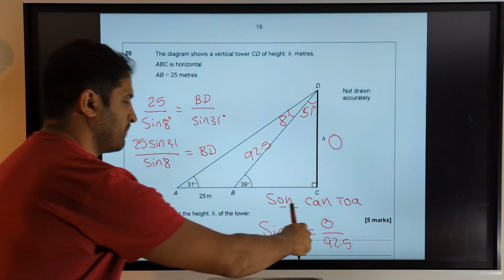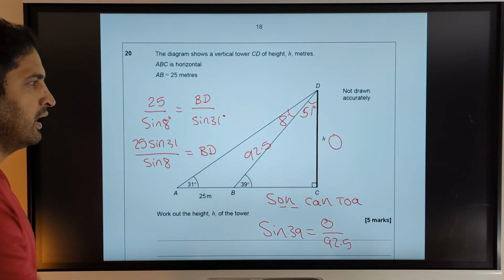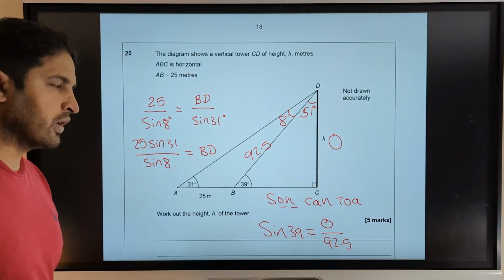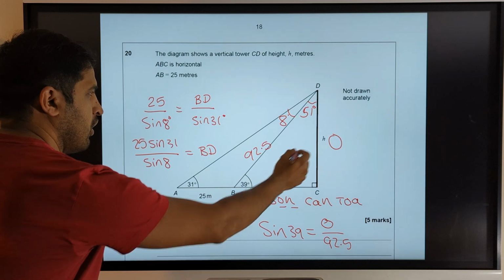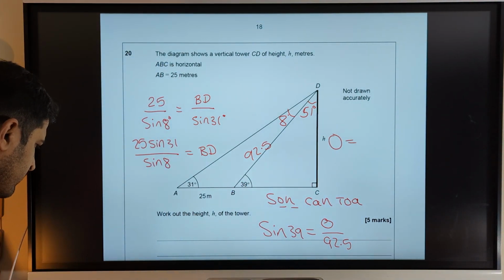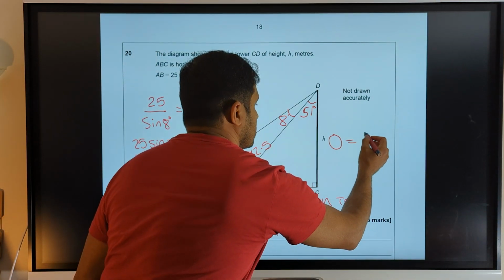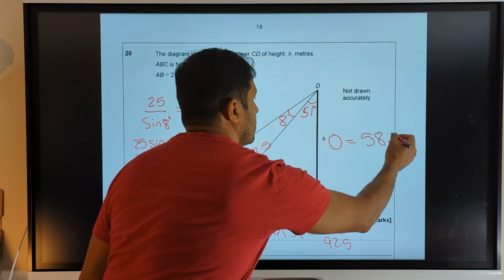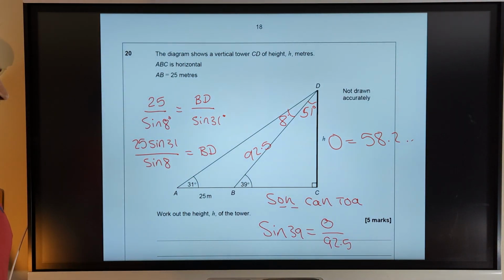Okay, so multiply sine 39 by 92.5, you work out what your opposite, which is that h, is going to be. Multiply both sides by 92.5, and you get that the opposite, or the h, is equal to 58.2 or 3, one of those, depending on where you round the numbers. So 58.2 to some decimal places, and that will get you those final marks there.